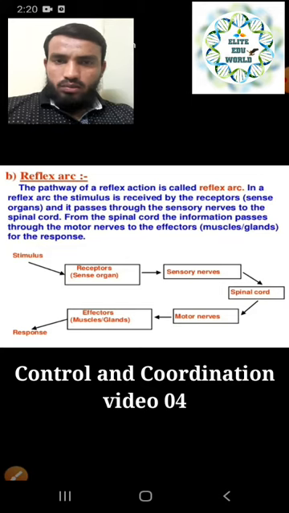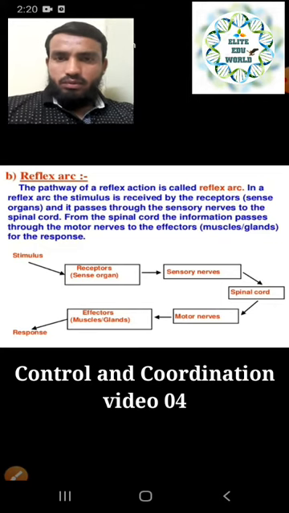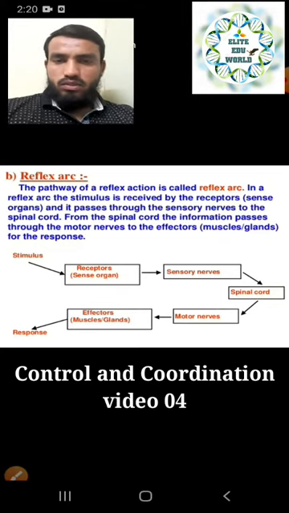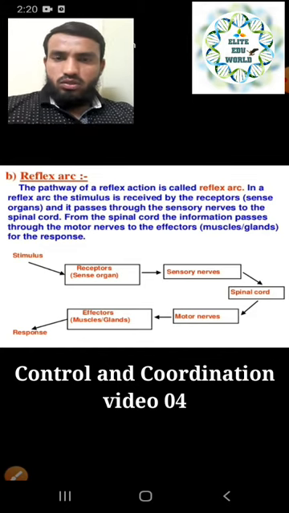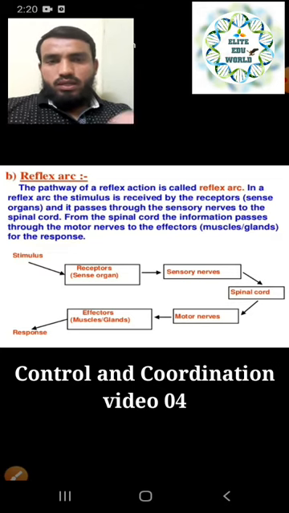So this whole process is a reflex arc, and finally the action is taken on that stimulus. I request all the students to write down in your notebook, this pathway is very important, and how reflex action actually runs in our body is easily understood by this flow chart, right.